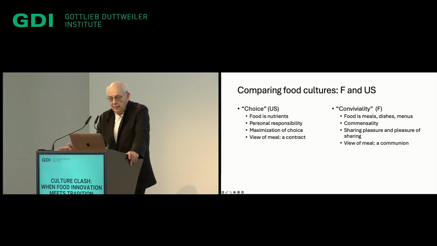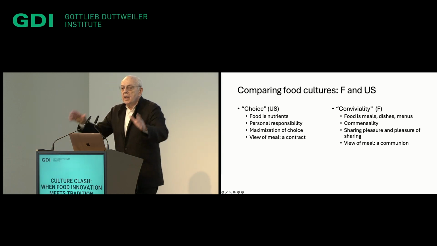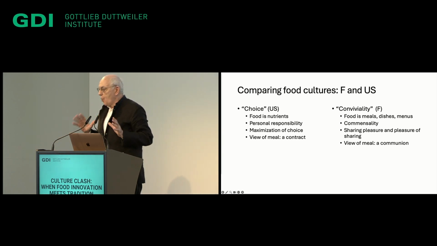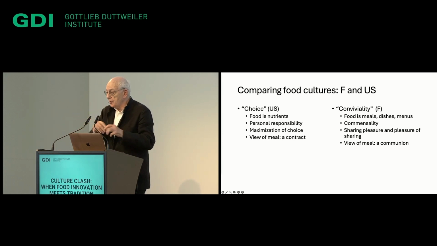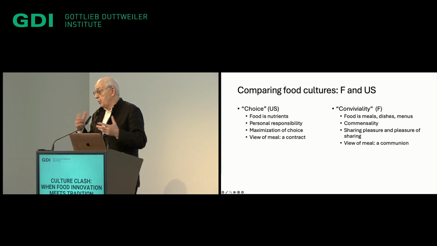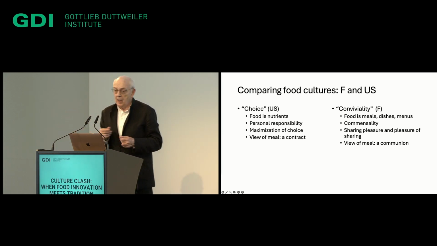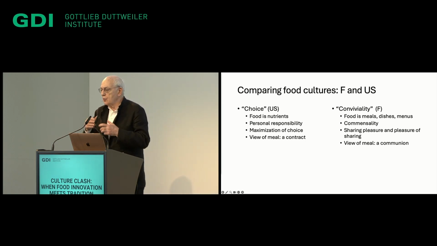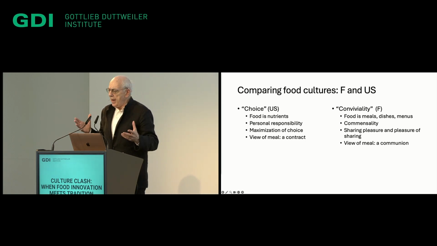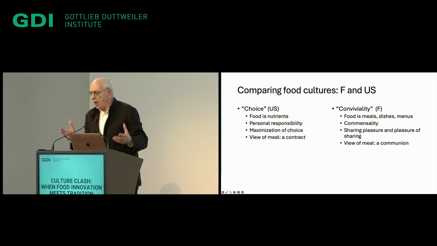So over 25 years with Paul Rozin and other colleagues, we've been comparing food cultures in what is called the Western world, as if it was one culture, one world. You know, people often, particularly in the health professions, refer to Western diet, the Western cultures, and so on.